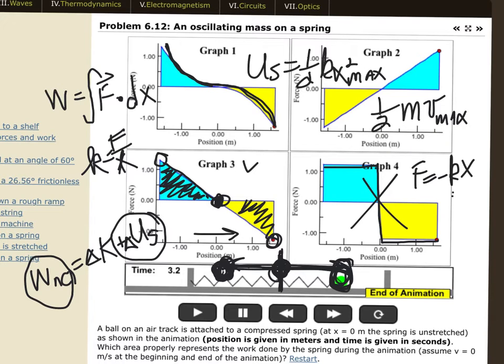And where is Vmax? Vmax is at the center when the spring potential is 0. So those are all the equations you need. I'll leave you to solve the numbers and do the measurements.